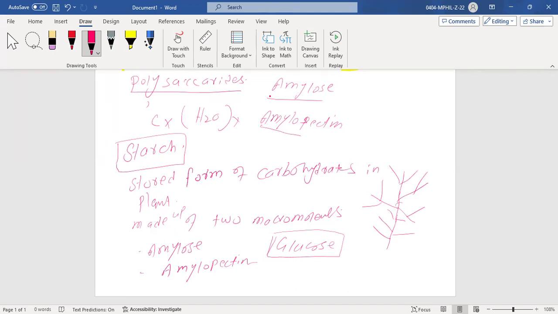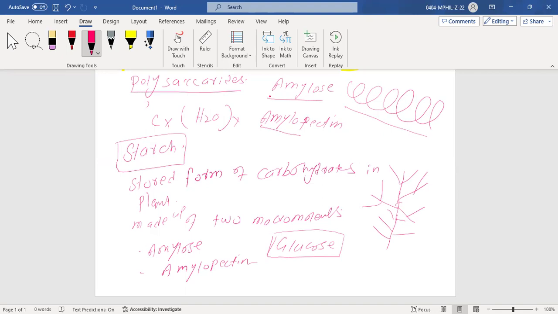So in case of amylose, you would have a structure like this. One is the helical structure of amylose, on the other side you have the branch chain. So you can differentiate these two structures.